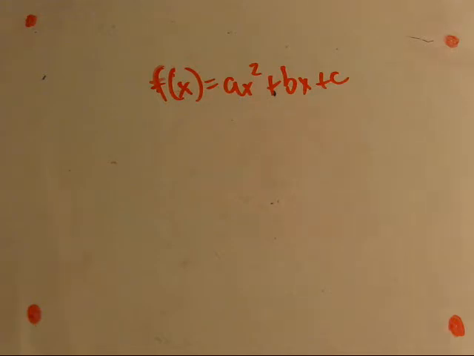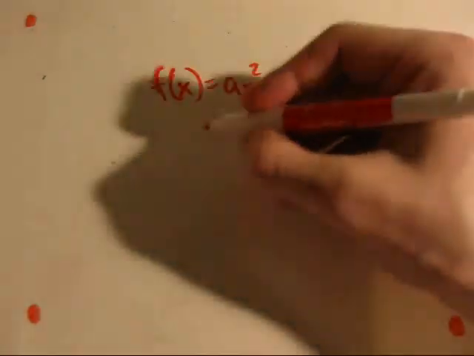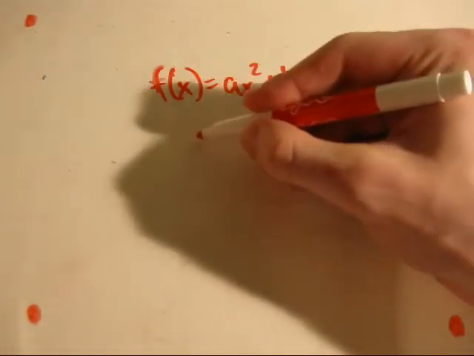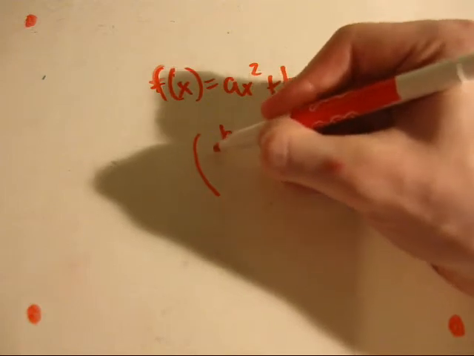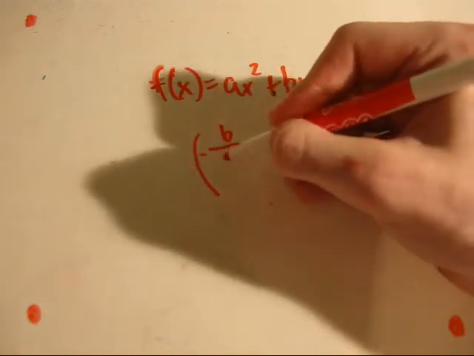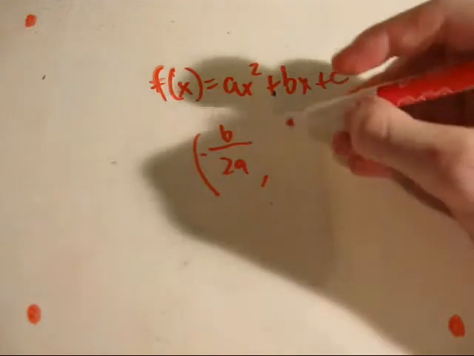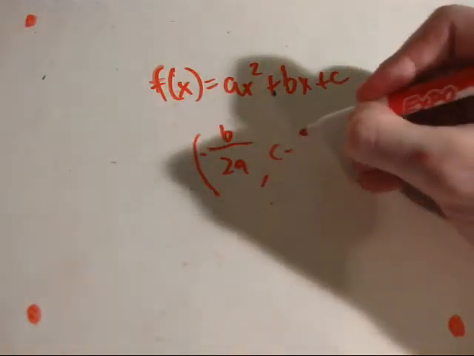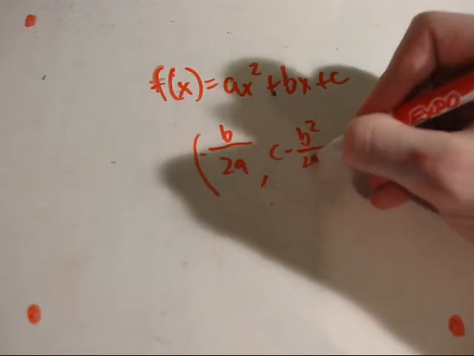But how do you find a vertex this way? Well, after some very extensive calculations, the actual formula for finding the coordinate spot of where the vertex is on these kinds of equations is: your x value will be negative b over 2a, and your y value will be c minus b squared over 4a.